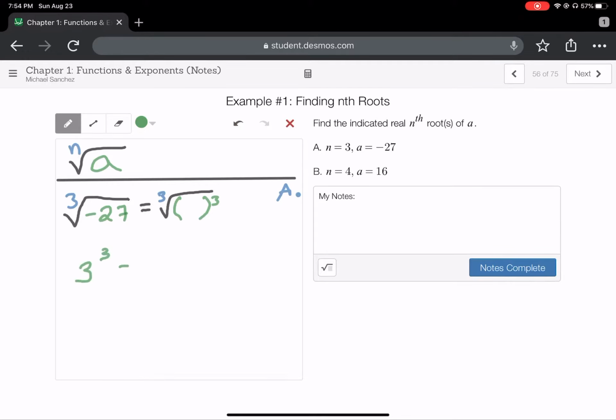And 3 to the power of 3 is 3 times 3 times 3, which is 27. So 3 is the number we're looking for, except we have a negative sign. Here we need -27, so that needs to be -3.